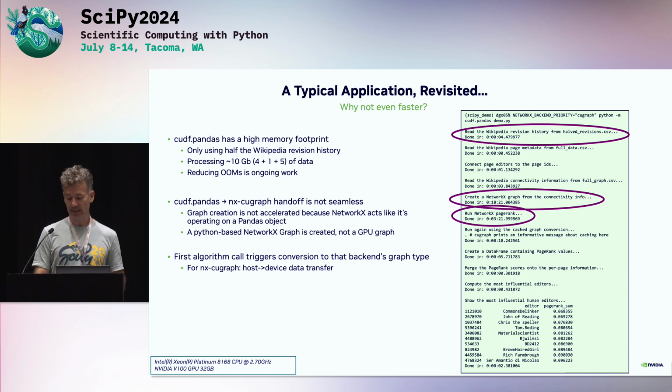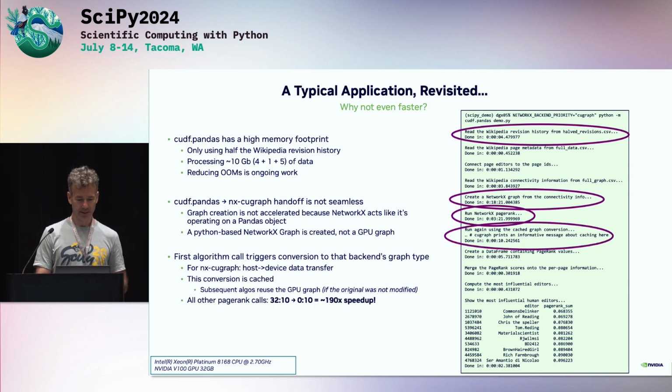The good news is that conversion's cached, and if the graph doesn't change, it can be reused. What we did was rerun PageRank again just to demonstrate the speed. And at that point, the call came down to 10 seconds, so 190x speed up. And if any subsequent NetworkX call that nx-cugraph supports is using that graph, it'll also take advantage of that cached conversion, and they'll be much faster.